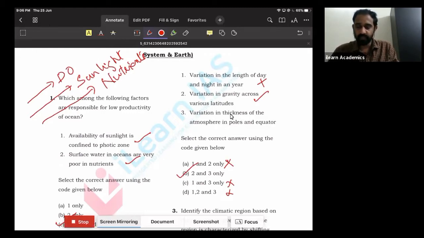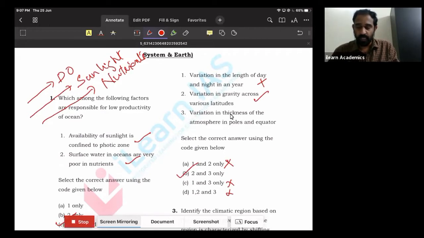Next, variation in thickness of the atmosphere at the poles and equator. There is a variation in thickness, especially in the troposphere. In other layers also, this aspect is there. The atmosphere is thick near the equator.